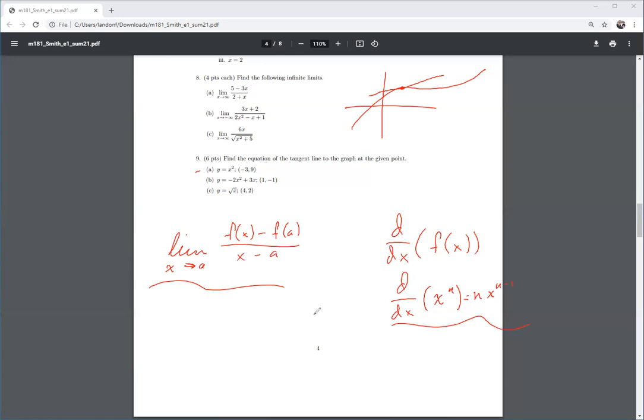Well, the equation was actually f of c plus h minus f of c over h. Oh, yes, that's right, use h. Yes, this is actually an alternate definition.